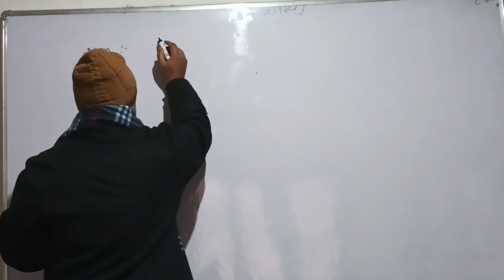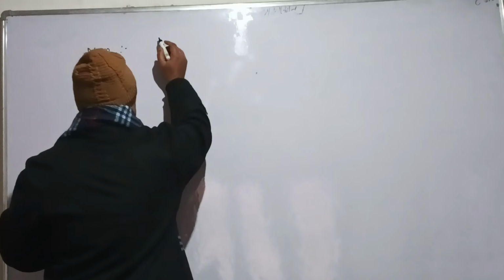Number fourth, that is material noun. And number fifth, that is collective noun. Let's see. What do you mean by the common noun?